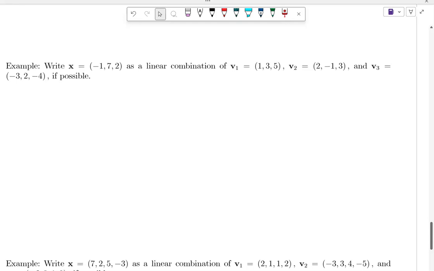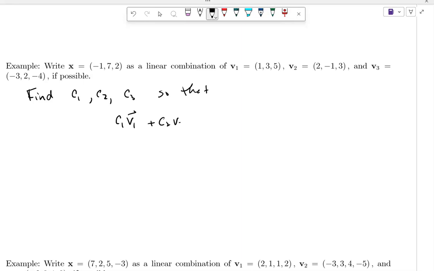So just make sure we have a feel for what we mean by linear combination. We want to write this vector x as a linear combination of the v1, v2, v3. So without worrying about what the numbers are, this just means that we're trying to find constants c1, c2, and c3 so that when we do c1 v1 plus c2 v2 plus c3 v3, we get that vector x.